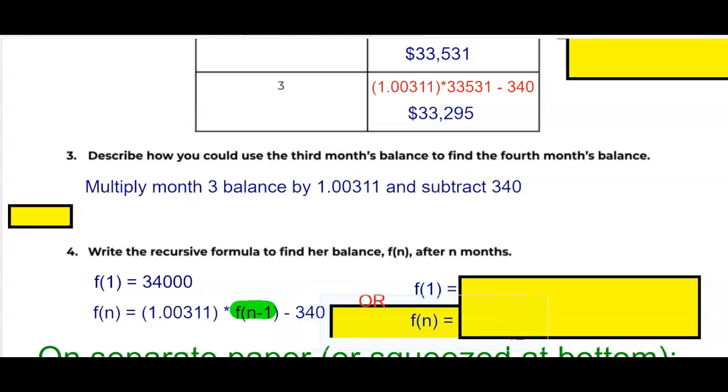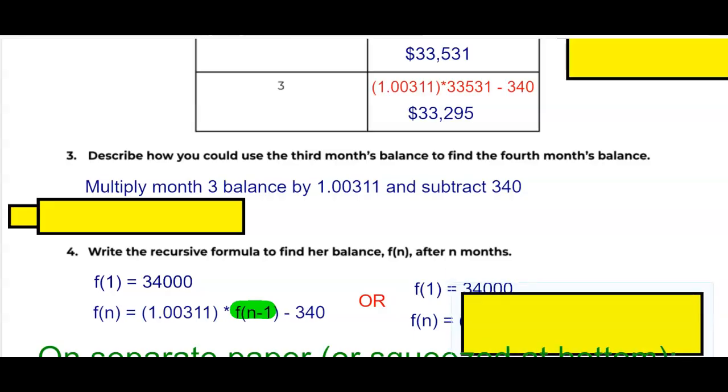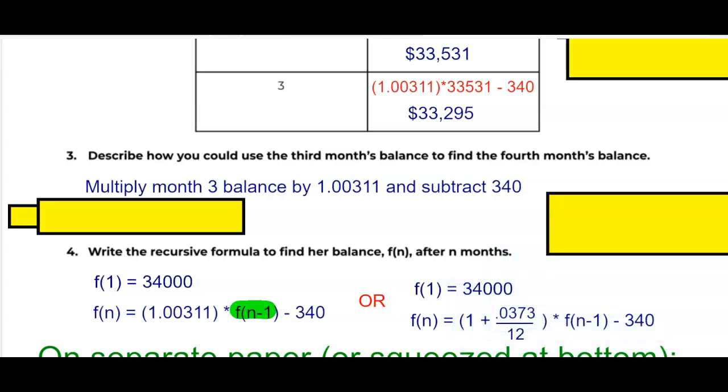And then also we're subtracting our monthly payment. So you could write it that way, or again, like last time, you could keep it as a fraction, but we have already been simplifying it to this, so I'm guessing most of you wrote it this way, like in number 4, just pulling it from the table. But if you wrote it this way, that's also accurate.